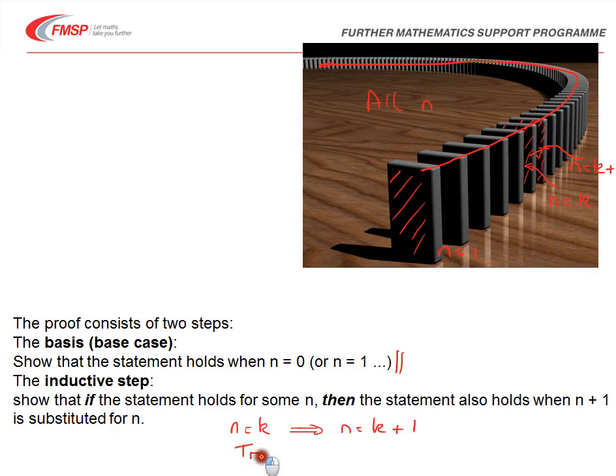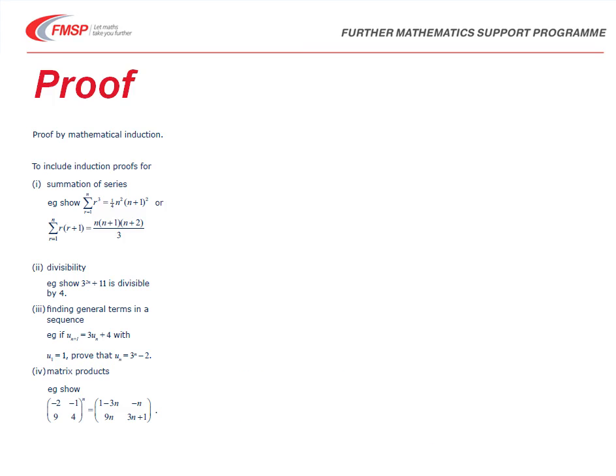So if that is true, that implies that this is true. All these bits go together, and then we get the final statement at the end. We need all of these elements to pick up the marks in an exam question. So going back to our slide, we're going to look at some exam questions on each of these. I'll do one exam question on each type of proof.